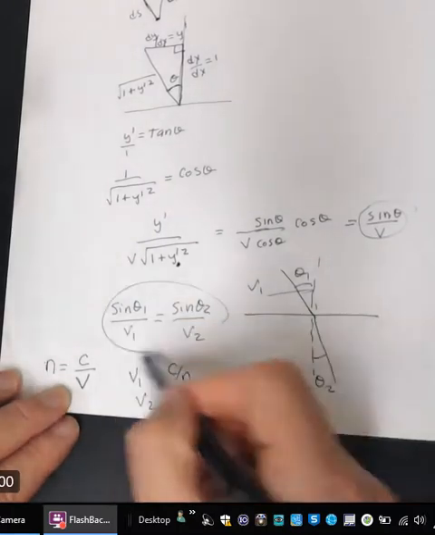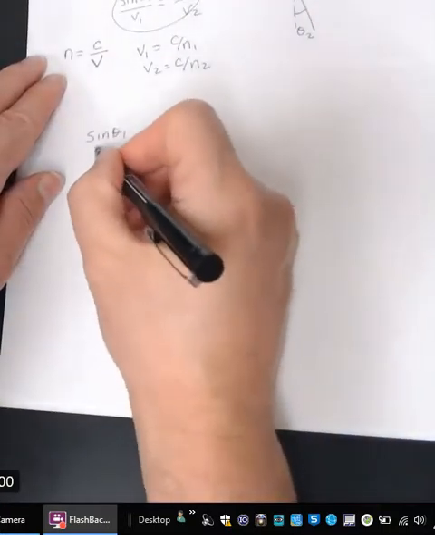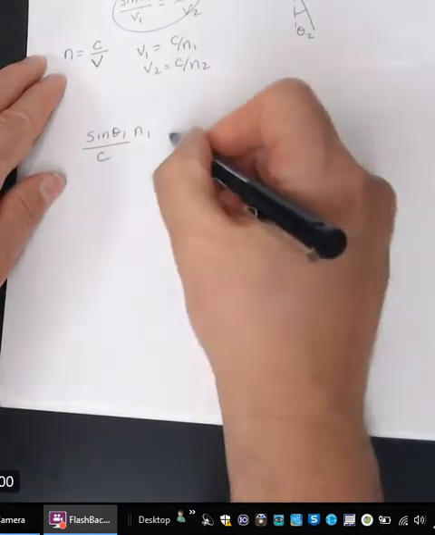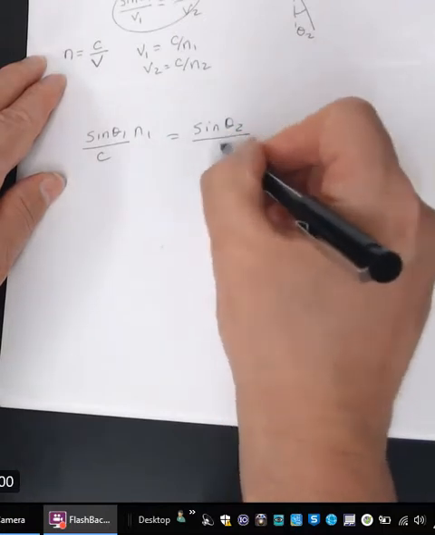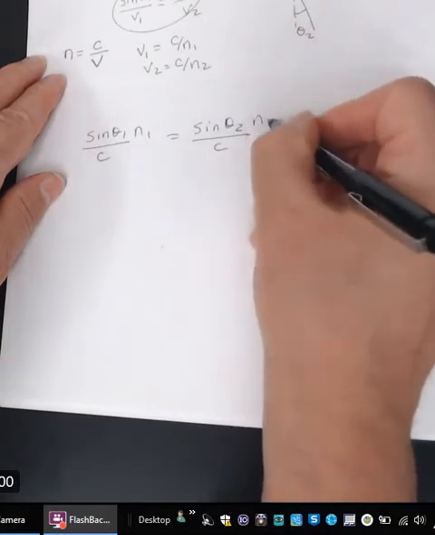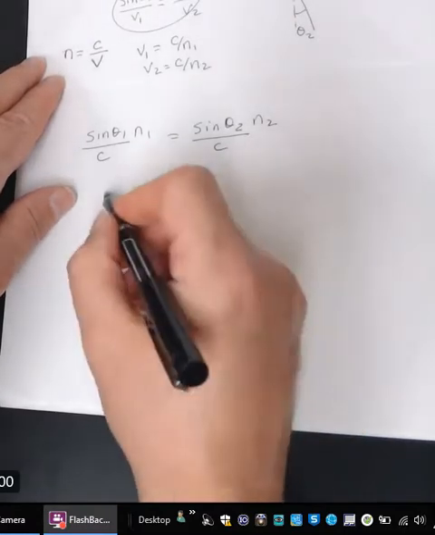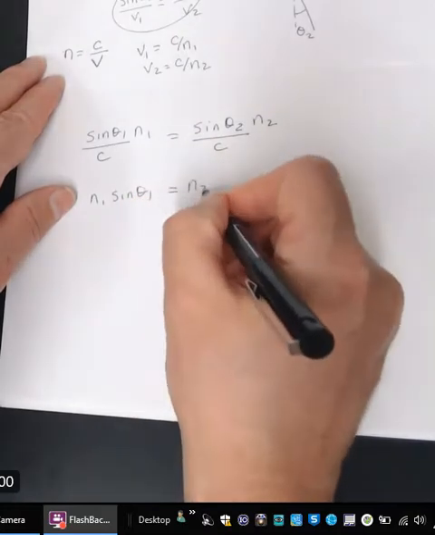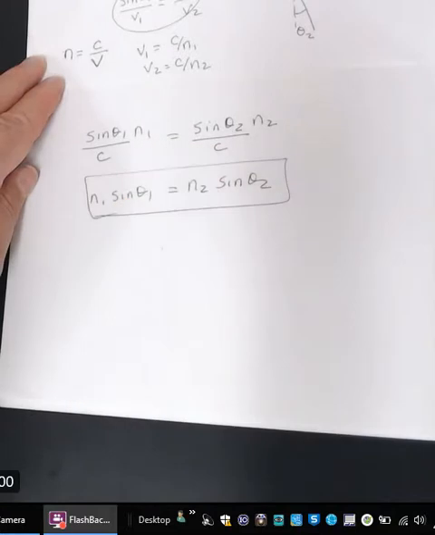So if I go back up to this, I have sine theta 1 over v1, which is n1 over c, equals sine theta 2 over c over n2, which is n2 over c. So that's Snell's law. There we go.